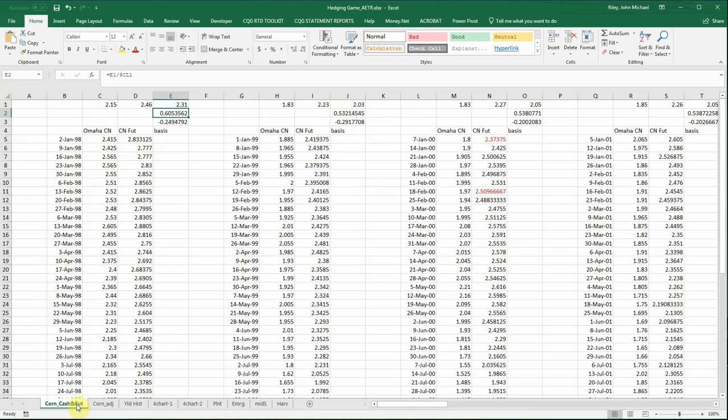So cash prices and futures prices were collected from 1998 through 2015. Now, I didn't have yield data for 2015, so I stopped this at the 2014 year.